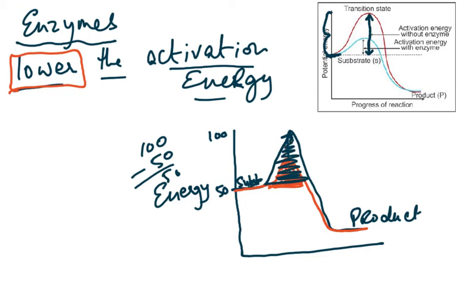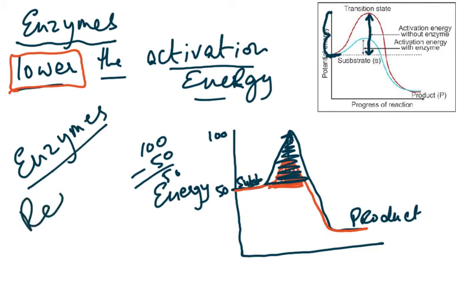So we say enzymes lower the activation energy. So enzymes will result in the reaction proceeding very fast, and we get the products.